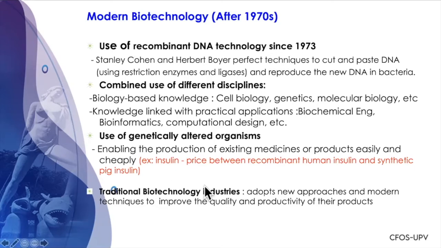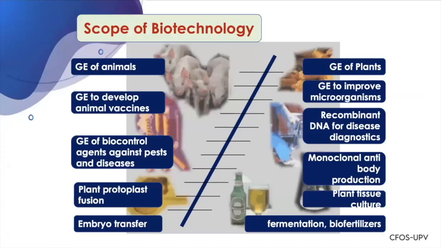Ayan. So, but take note that with the help of this recombinant DNA technology, marami tayong advantages na nakuha sa kanya. Okay, so this is the scope of biotech, no? We have the genetically engineered animals, genetically developed animal vaccines, human vaccines, and then biocontrol agents against pests and diseases, protoplast fusion, embryo transfer, genetically engineered plants, okay, and everything down the line.